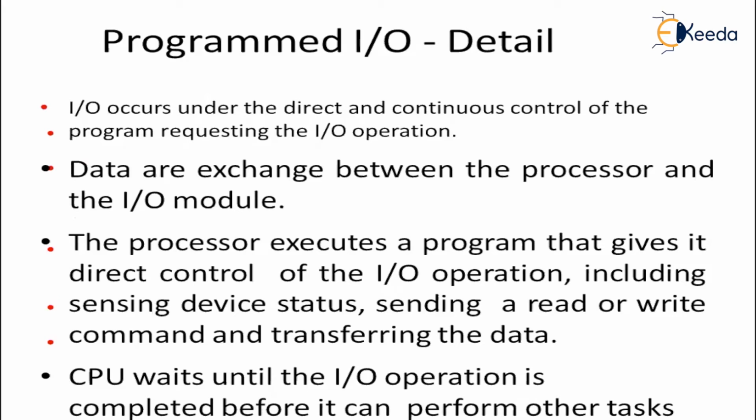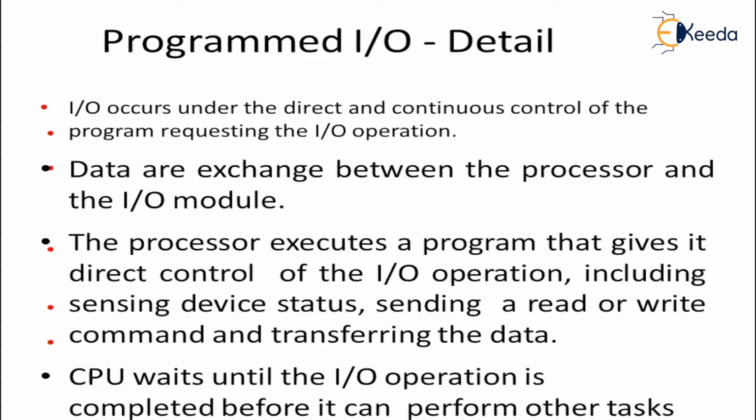Input output occurs under the direction, and under direct and continuous control, of the program requesting the I/O operation. Now, when such operations are taking place, the data is exchanged between the processor and the I/O module.